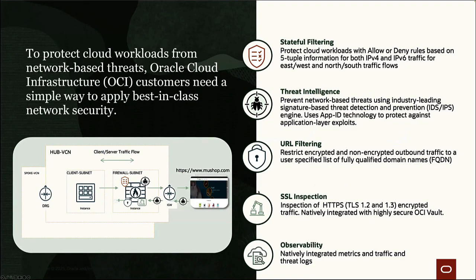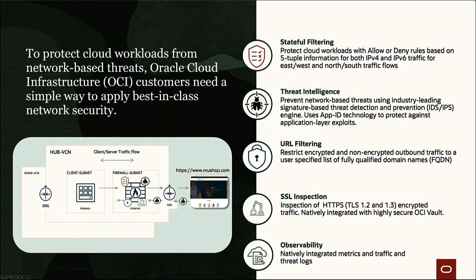The key features of this service include stateful filtering, where you can allow or deny rules based on the 5-tuple information. Threat intelligence, which will prevent network-based threats using the IDS/IPS solution from Palo Alto.